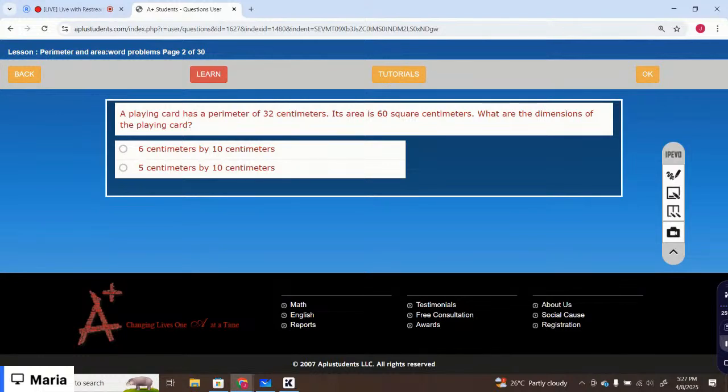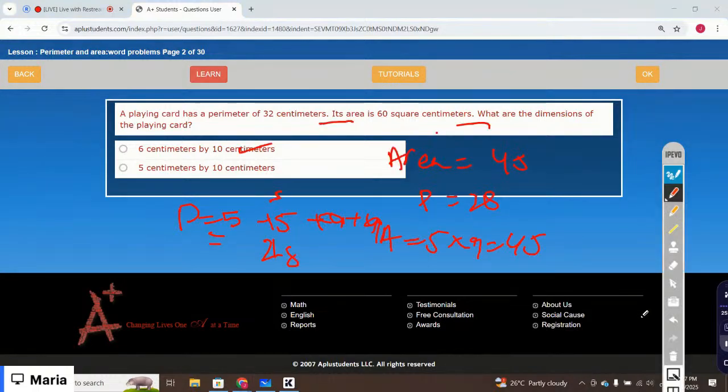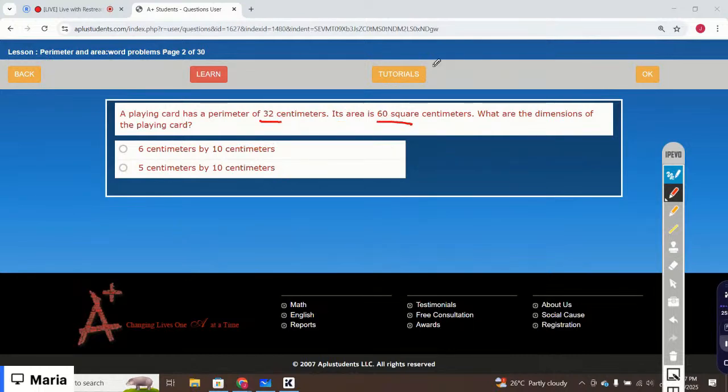A playing card has a perimeter of 32 centimeters. Its area is 60 square centimeters. What are the dimensions of the playing card? So which is the correct option? The perimeter is 32, the area is 60. So which two numbers have the product 60?